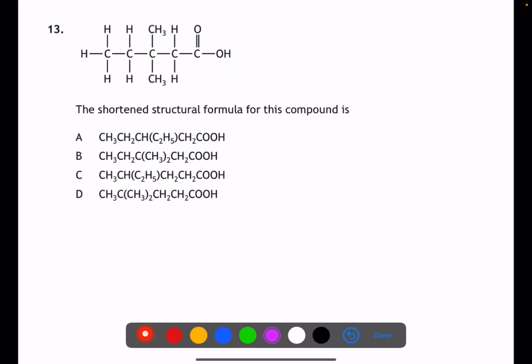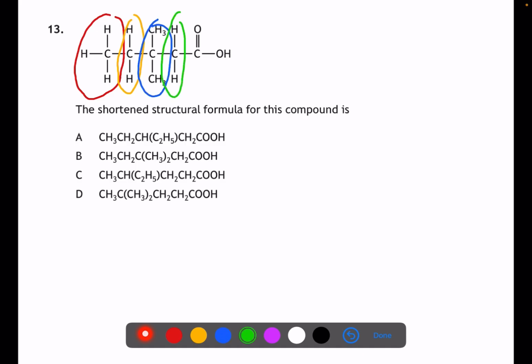Question 13. The shortened structural formula for this compound is what? The best way to tackle this is just to draw out the shortened structural formula. So if we just take each section in turn, and you're just taking out the bonds. Okay, so we have CH3, CH2.